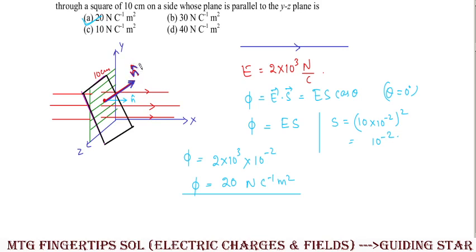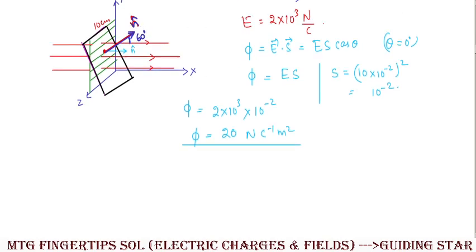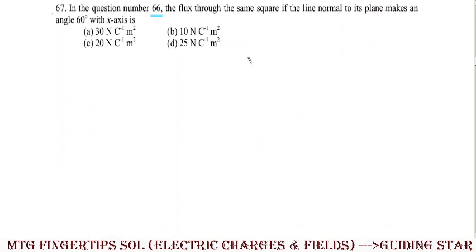So right now it is making an angle of 60 degree with the field. So this is the given square, its normal is along n cap, and the field is along the x-axis. No change in the field. Angle between them is 60 degree.